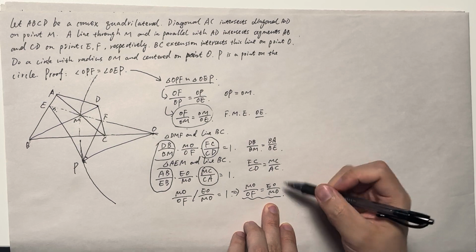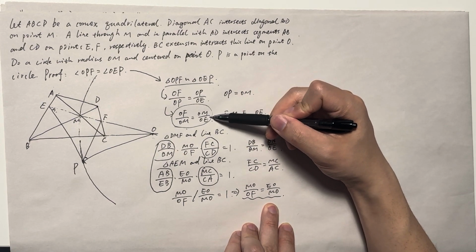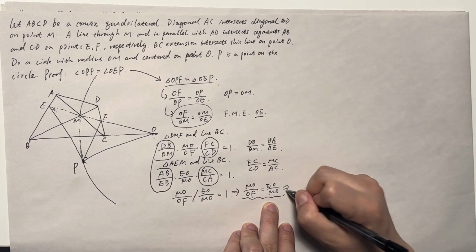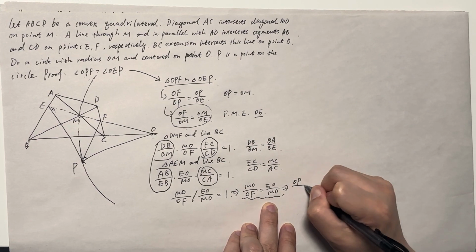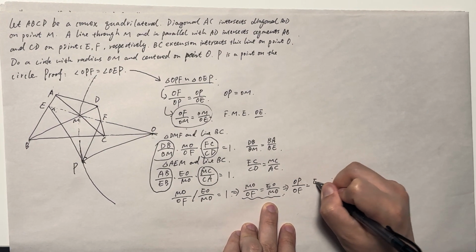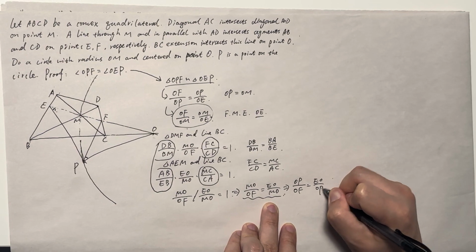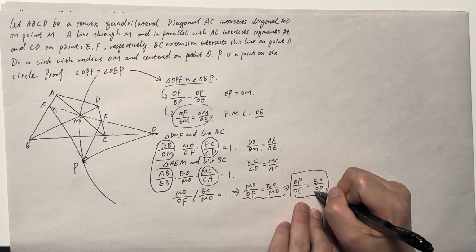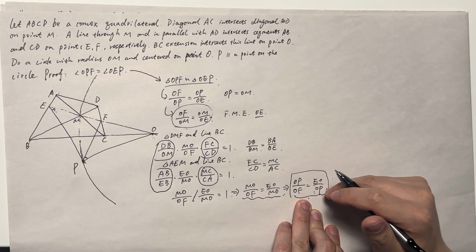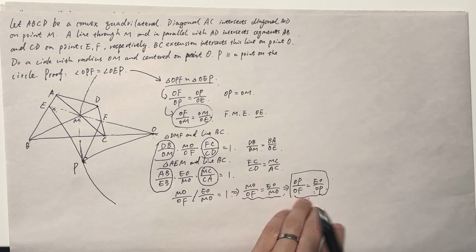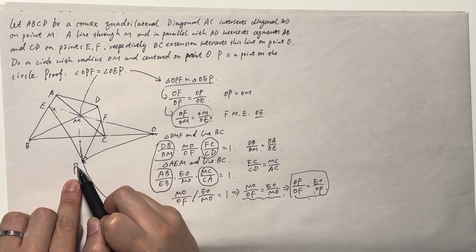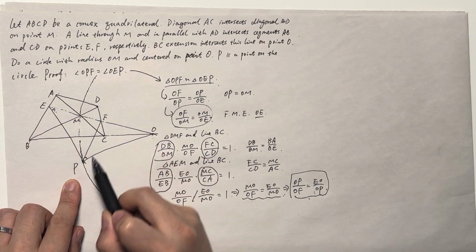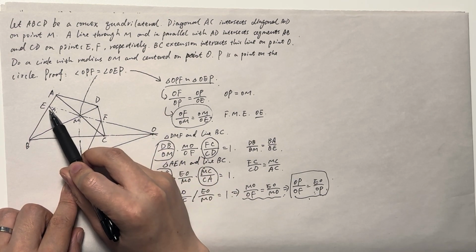This means we prove the equation here, and it means OP divided by OF equals EO divided by OP. With this equation proved, we know that angle POF equals angle POE.